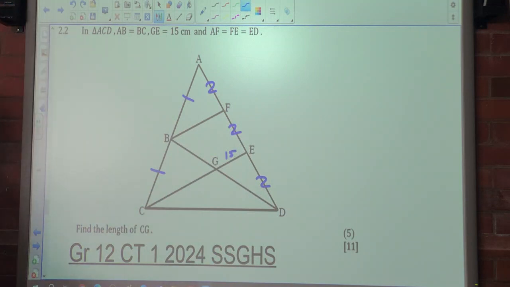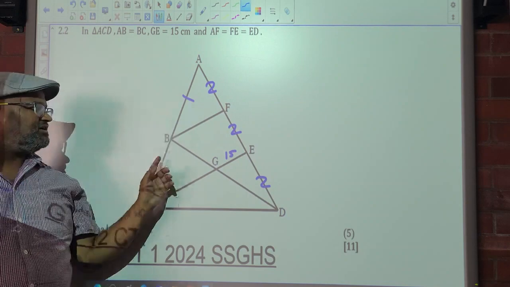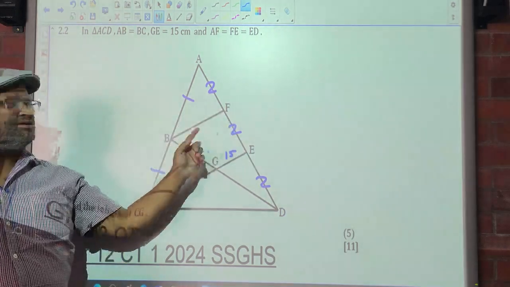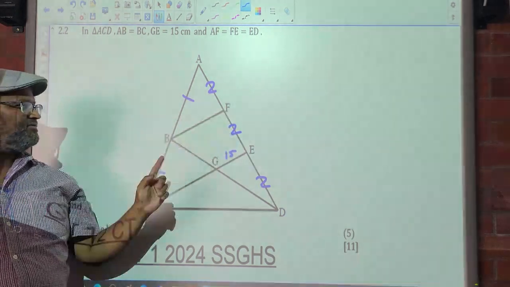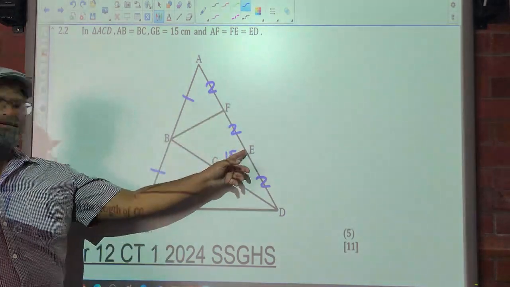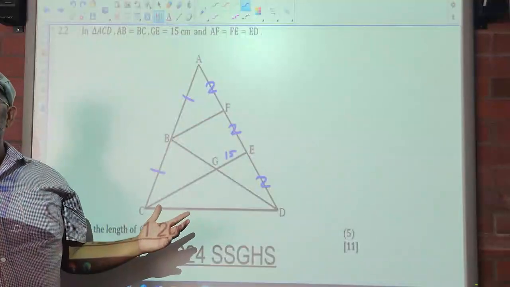So, without going anywhere else, what can be concluded here? These lengths are equal. So what can we say? BF is parallel to CE. Why? Midpoint theorem.